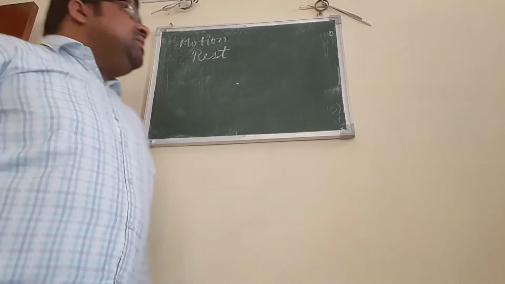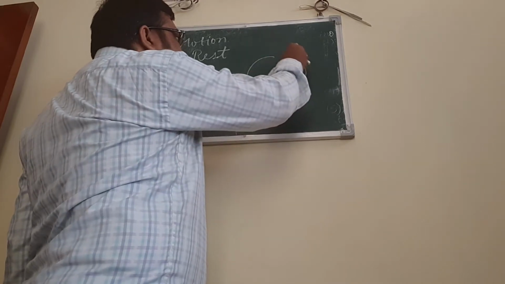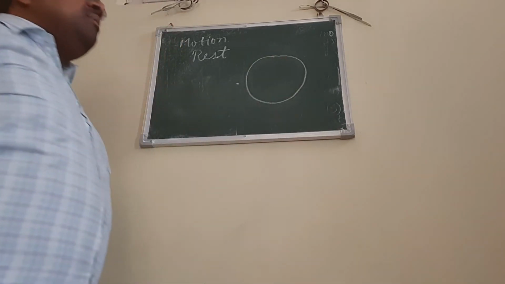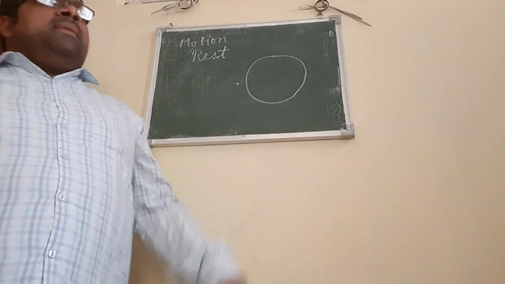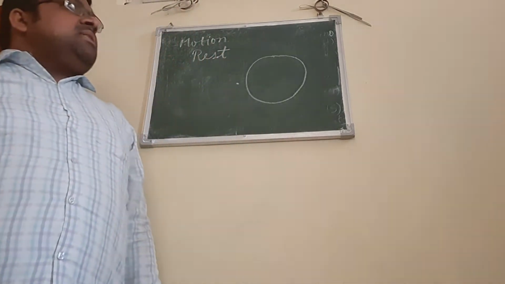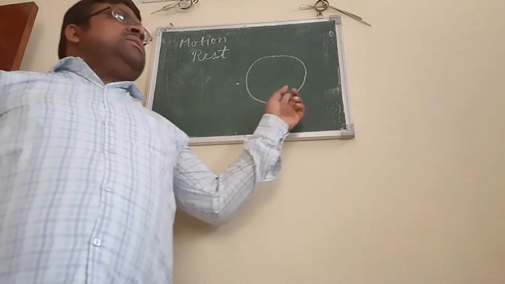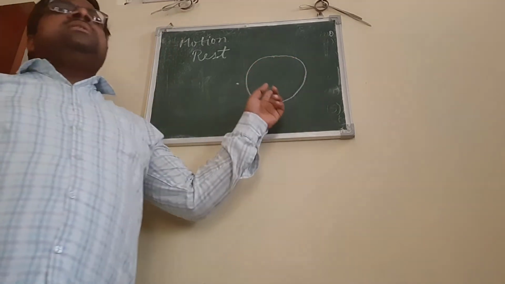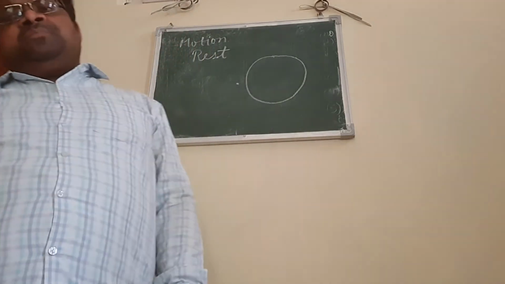Circular motion means a body moving on a circle. It is performing a circular motion. In this case, maybe the magnitude of the velocity or the speed remains the same, but the direction continuously changes as the body moves on a circle. So this is known as circular motion.